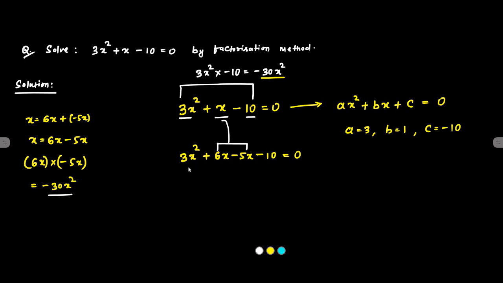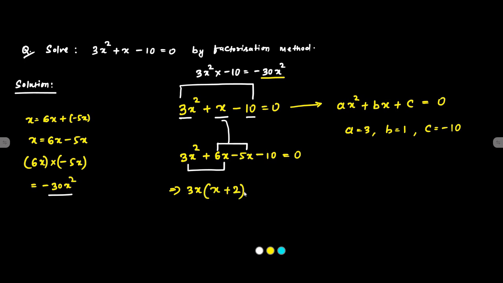So here we can factorize this part as, that implies, 3x, taking 3x common, into (x + 2). 3x into 2 is 6x.